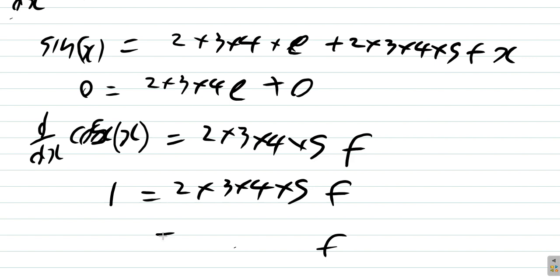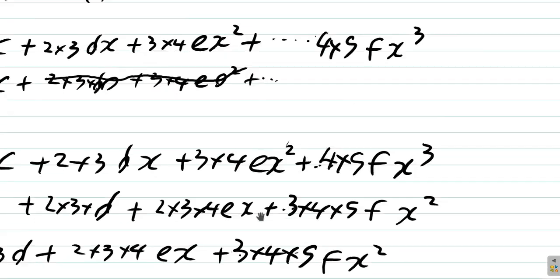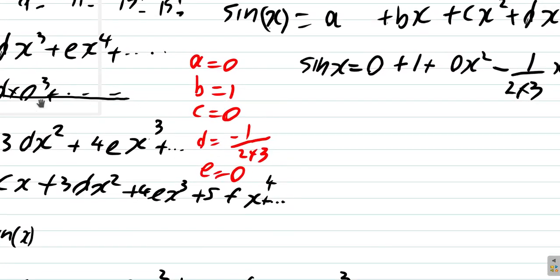So f would be equal to 1 over 2 times 3 times 4 times 5. Alright, so let's add this to it now. f is 1 over 2 by 3 by 4 by 5.